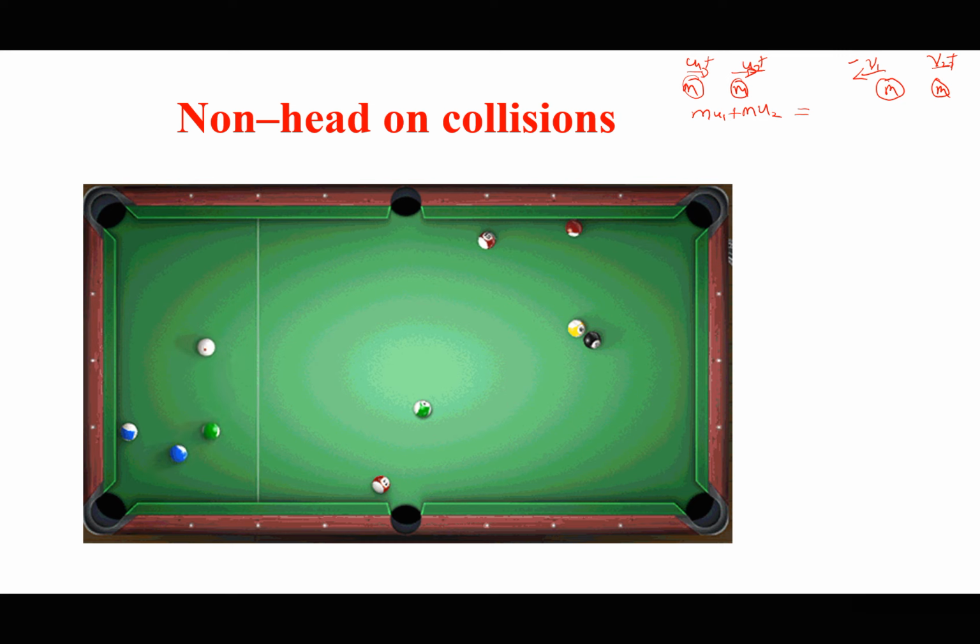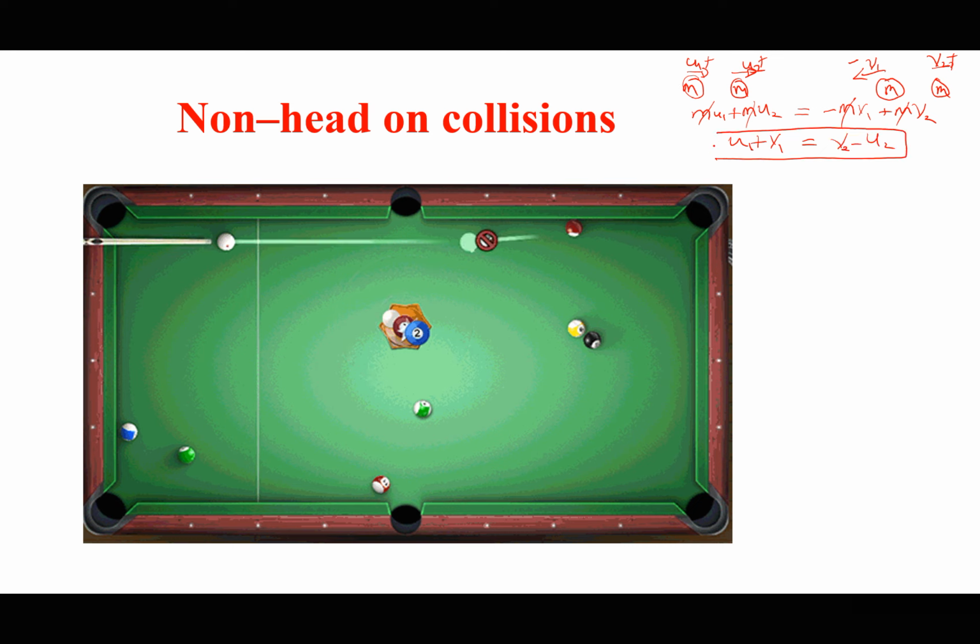Remember, for v1 it is to the left hand side, so this is going to be negative m v1 plus m v2. So m cancels out. So I have u1, I'm collecting like terms, so v1, I'm bringing the ones to one side, so I have u1 plus v1 is equal to, the other side I have v2 minus u2. So here I have conserved momentum.